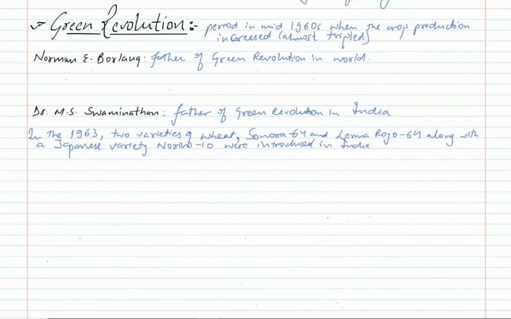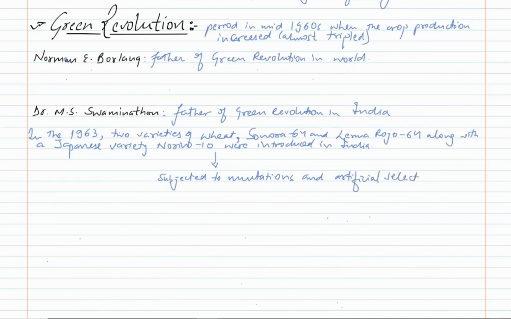Now, these varieties had very good produce, but they could not adapt to the Indian conditions. So, these varieties were subjected to mutations. Mutation means a change in the genetic material. They were subjected to mutations and artificial selection.